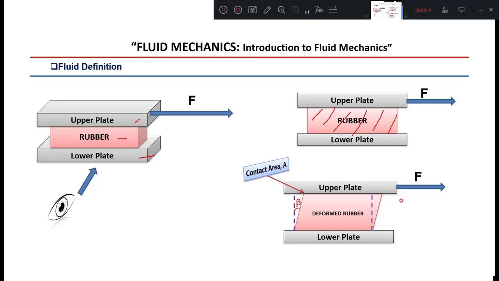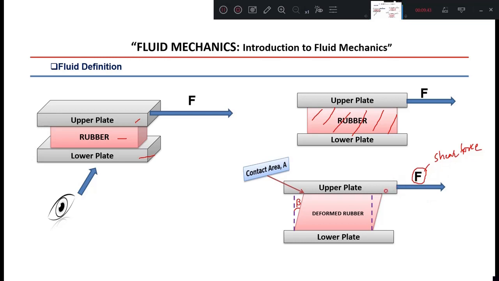This applied force is sometimes also known as shear force, since its line of action is parallel to the upper plane of the rubber.